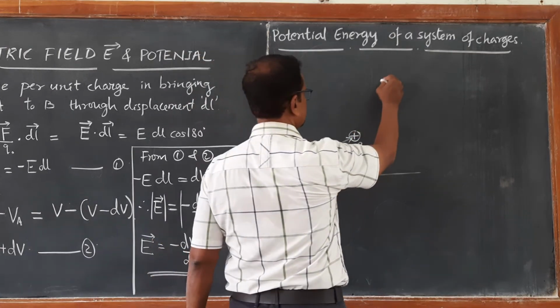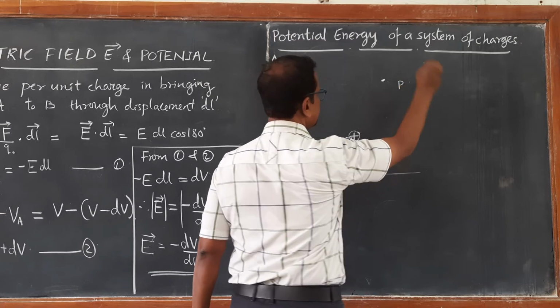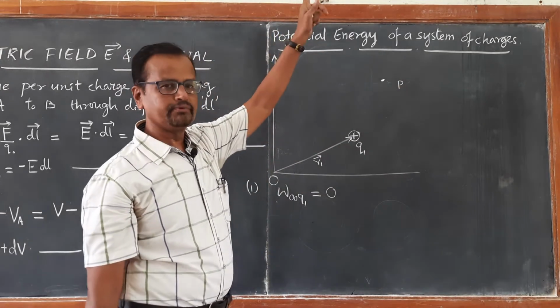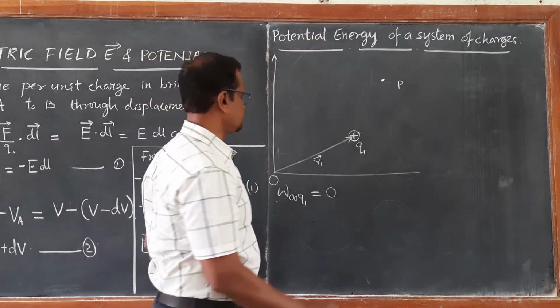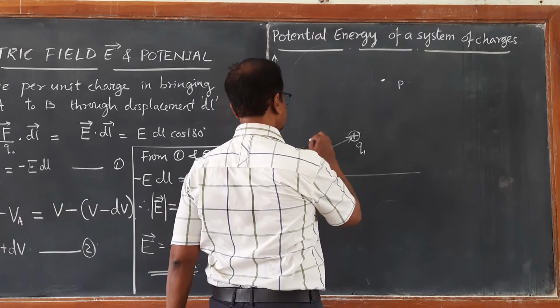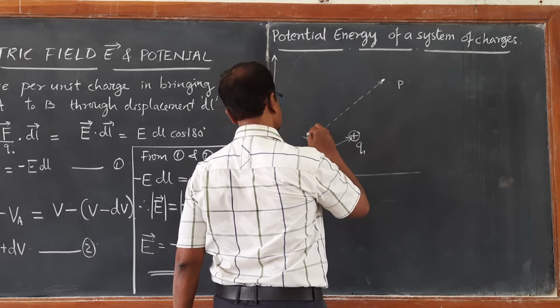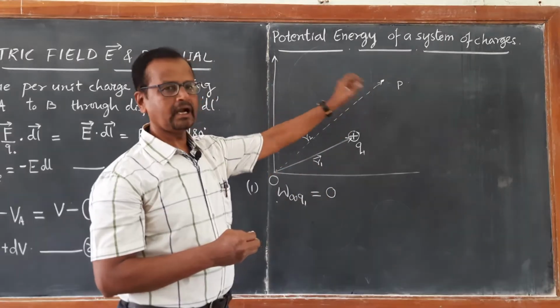Now, suppose this is the point P, where I would like to bring a second charge Q2 from infinity, so that the position vector of this point is R2. Just for our reference, the position vector is R2.